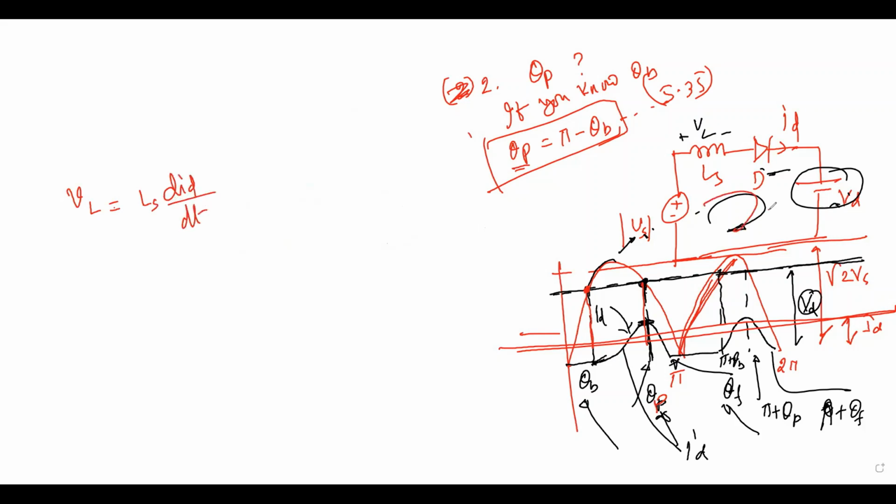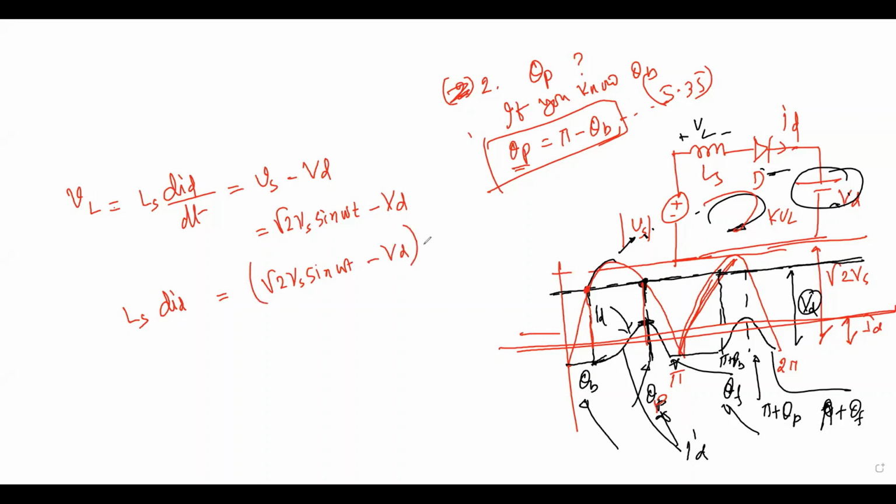And if you apply KVL here, then that must be equal to Vs minus Vd, that means root 2 Vs sine of omega t minus Vd. Then Ls diD will be root 2 Vs sine of omega t minus Vd into dt. Yes or not?